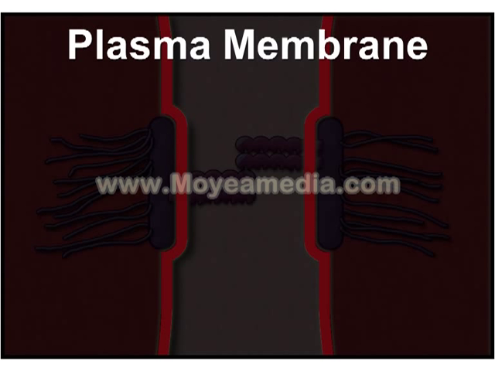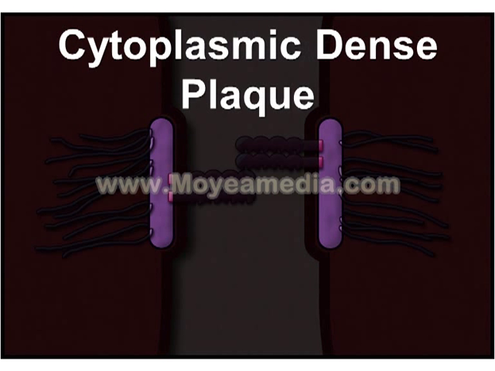The plasma membrane divides those portions of the structures. The cytoplasmic dense plaque is found immediately below that cell membrane.